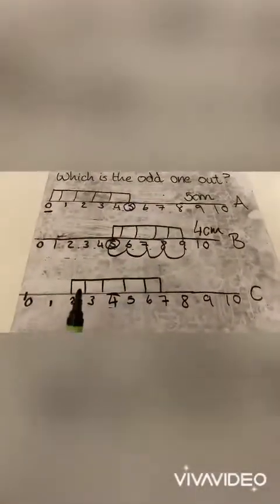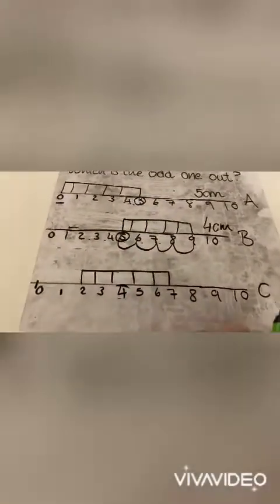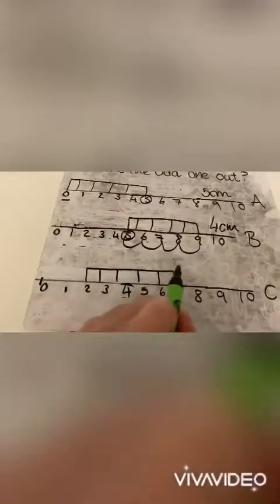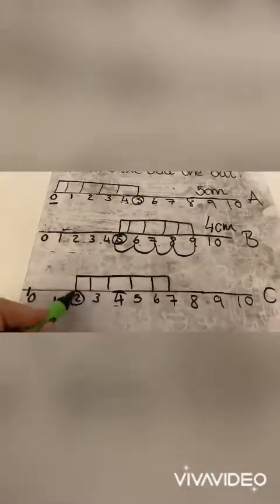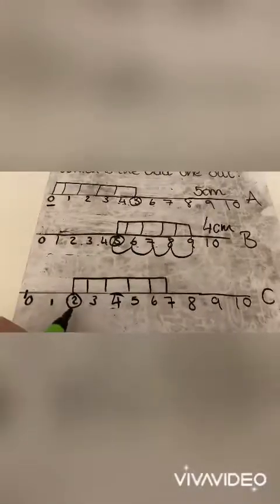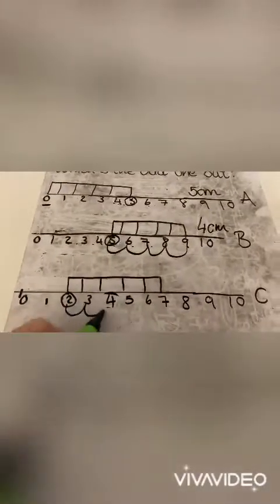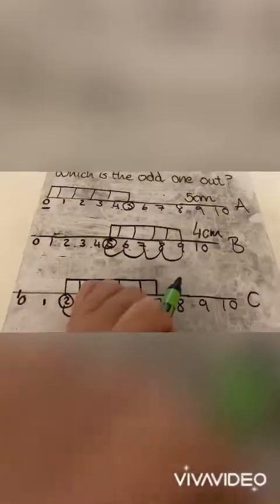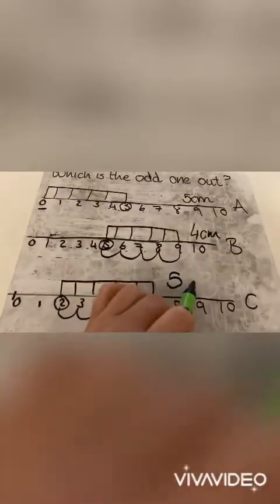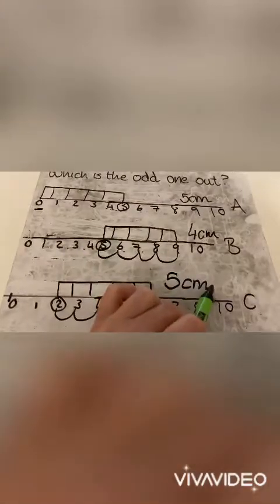And then here, again, on my row C, this block isn't sitting on my 0. So remember, we have to start from this number and jump our way up. 1, 2, 3, 4, 5. So this one is 5 centimetres long.